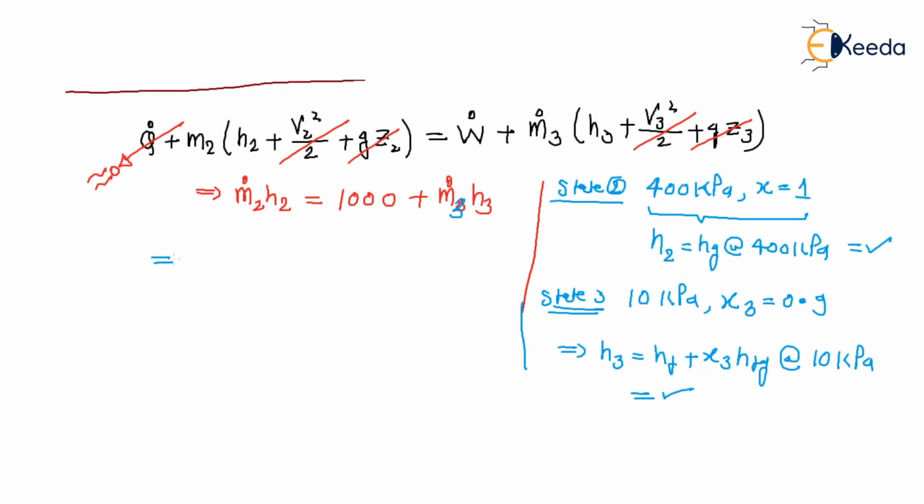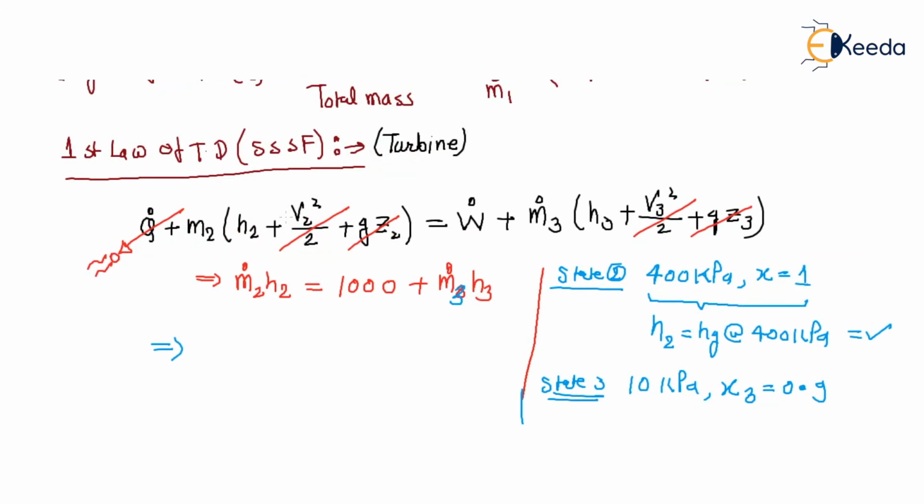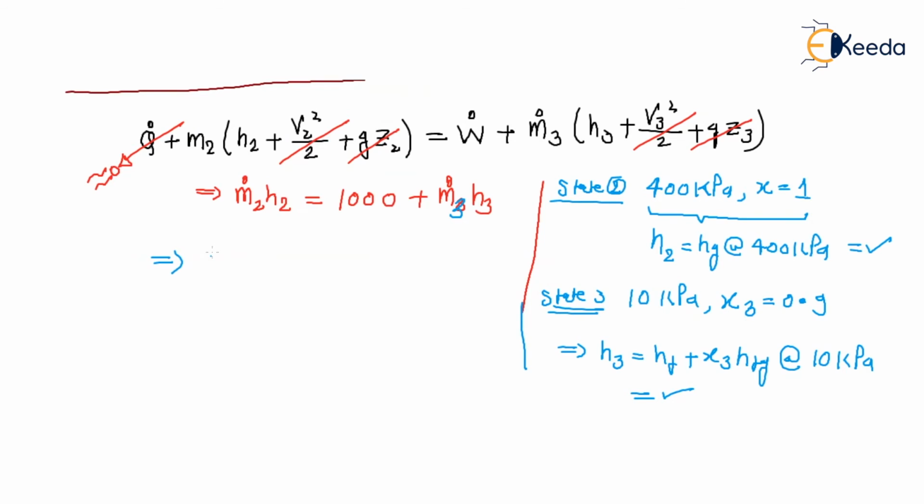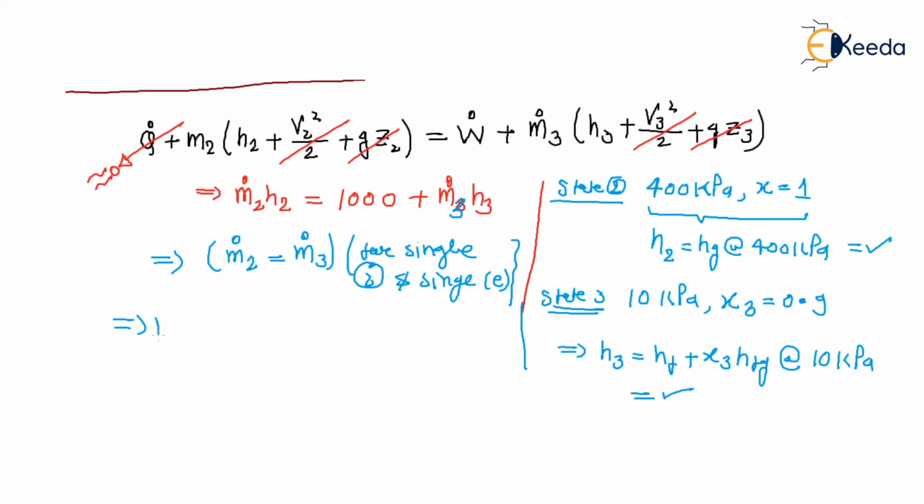For that you have m2 dot equal to m3 dot, single inlet and single exit. So from here we put all the values and we find m2, the mass flow rate into the turbine.